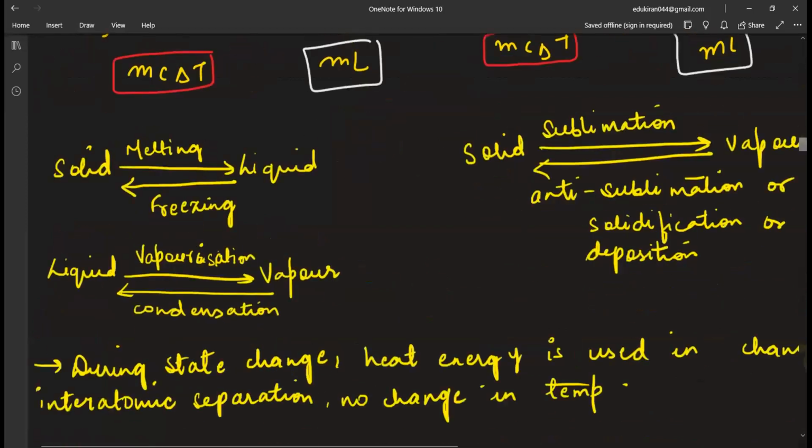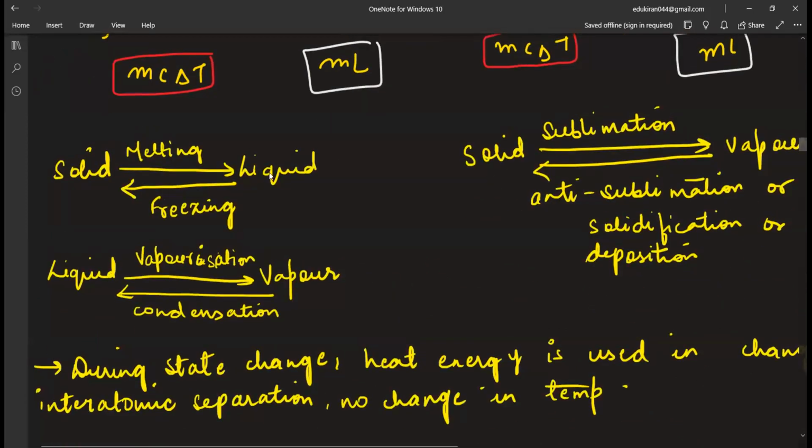What are the processes that are occurring? These names can be mentioned to you, that's why I have written this. If solid is converted into liquid, we say melting. If liquid is converted into solid, we use the term freezing. If liquid is converted into vapor, vaporization is used. If vapor is turned into liquid, we use the term condensation. You must have heard of condensation of clouds.